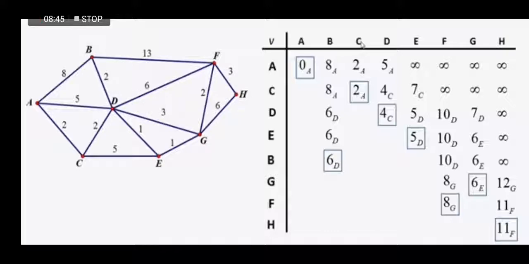So the total will be 10. And then we look at vertex G, D to G. We come from A to C, C to D, and D to G. So the total will be 7.